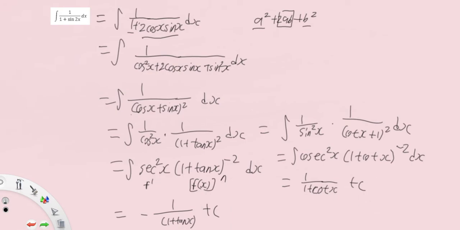A better way to visualize it is to say c is the actual constant, and for the integral with 1 over 1 plus cotangent x, it's plus c plus another d, and this constant, when added to 1 over 1 plus cotangent x, would equal minus 1 over 1 plus tangent x. Otherwise you can just leave it as plus c. It is fine. Both answers are acceptable. It's just a matter of a different constant.